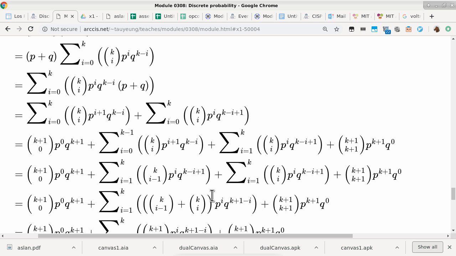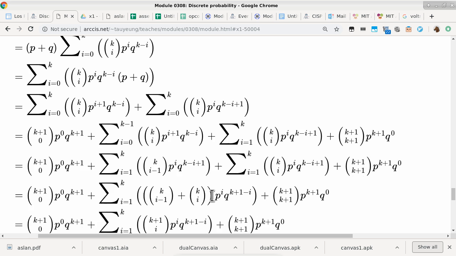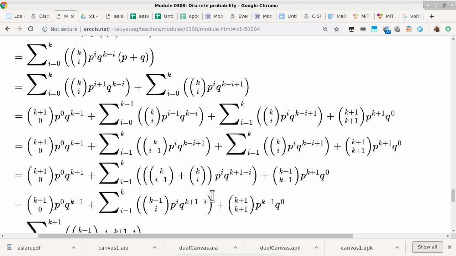Pascal's identity. That is why we studied Pascal's identity, so that we can do this. All we did here is take this sum of two combinations and put it into here. That is due to Pascal's identity.